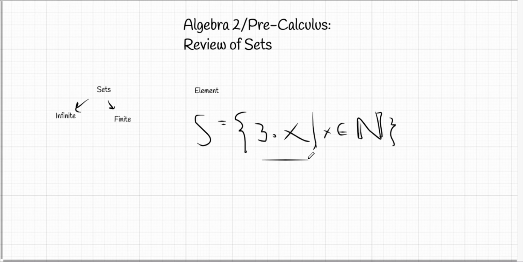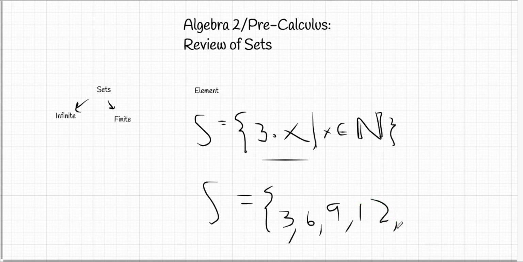And if we want 3 times those numbers, then 3 times 1 is 3, 3 times 2 is 6, 3 times 3 is 9, and so on. So S basically is an infinite series containing the numbers 3, 6, 9, 12, and so on, all the way up till infinity in this pattern. So that's a set, and we can write the same exact set using set builder notation.